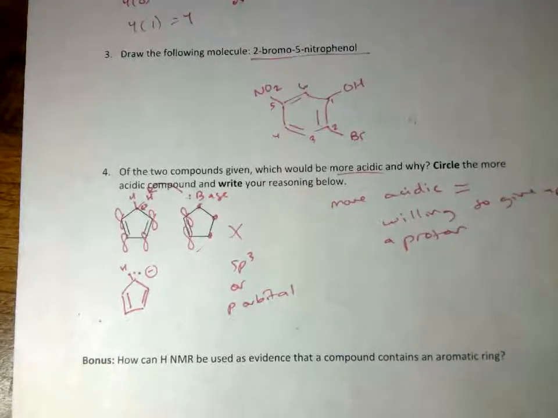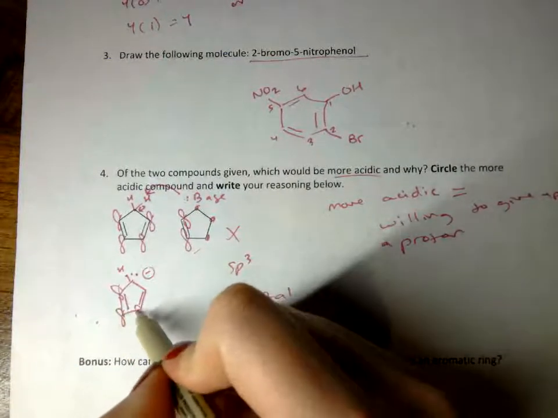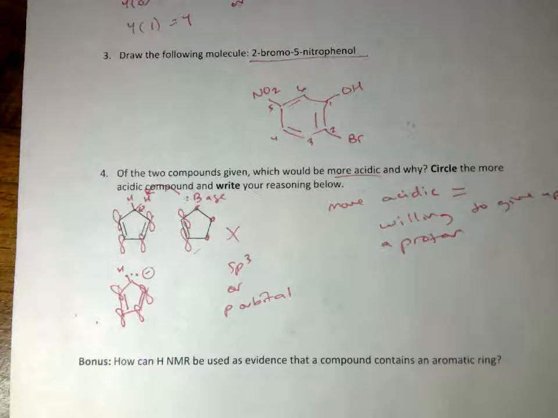Is there a p orbital available? If it's not taken up by a double bond, then there is a p orbital available. Or will it help the ring? Is it more stable if it goes into that case? So we know there's a p orbital here, here, here, and here, because all those are sp2 hybridized. So we just have to ask ourselves, will that lone pair go into the p orbital or not?